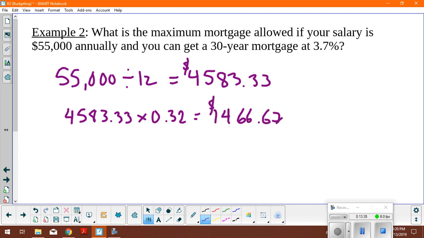So the maximum mortgage payment we take on is a little over $1,450. Now that we have that, we will go to the TVM solver to determine what the maximum mortgage would actually be.